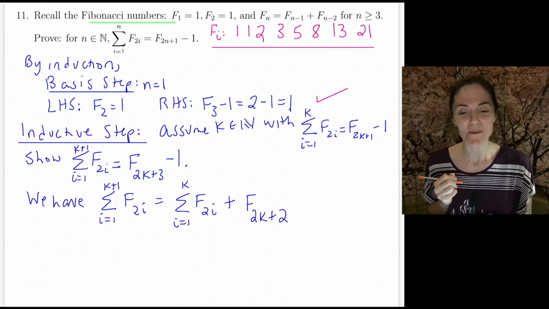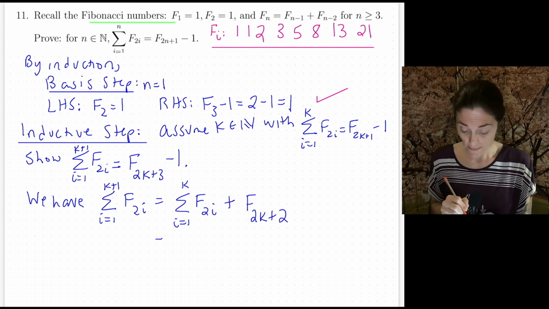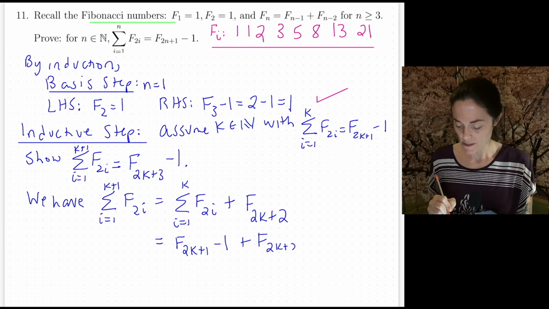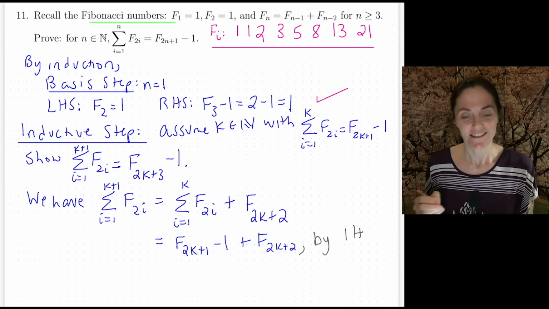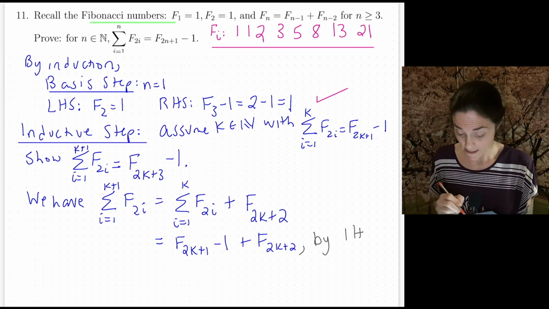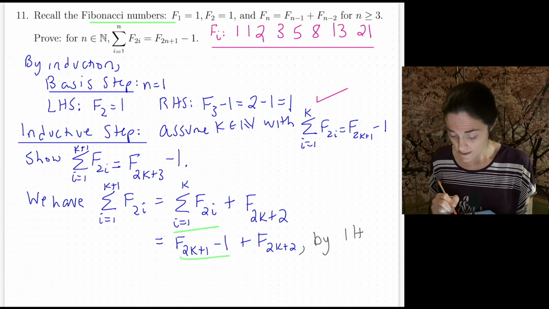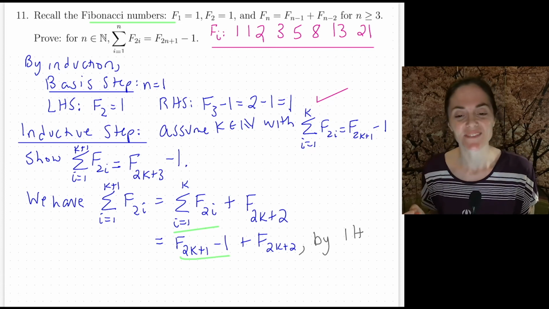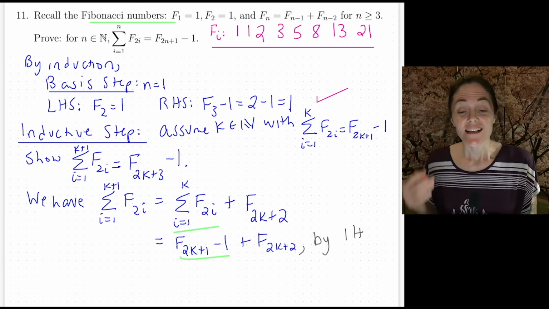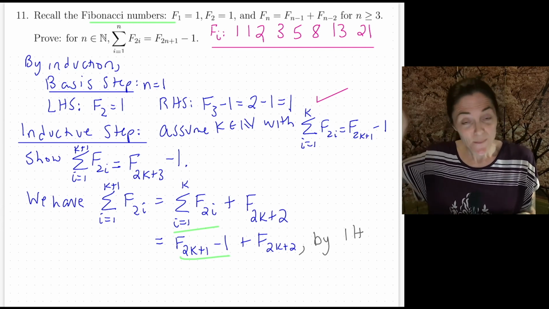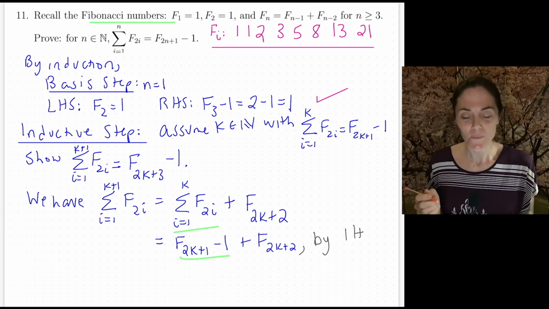Now, here comes my inductive hypothesis. This is equal to F2k plus 1 minus 1 plus F2k plus 2. This is where I used that. It is precisely writing this equal to this, okay? Well, so far I haven't used that these are actually Fibonacci numbers, and this is where I will use that.